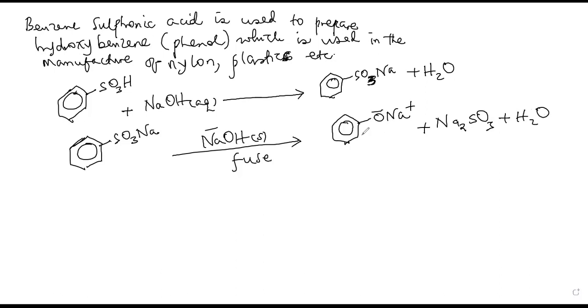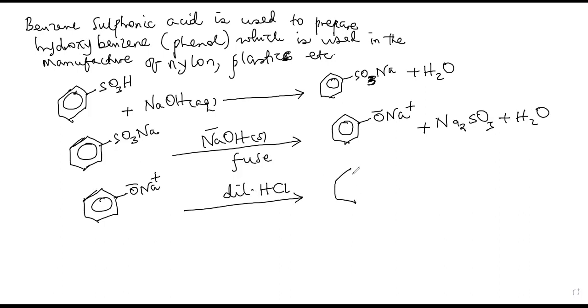Then by carrying out acid hydrolysis, we shall hydrolyze the sodium phenoxide. We shall use dilute hydrochloric acid, and this one will give you your phenol, which can be applied in very many other things.